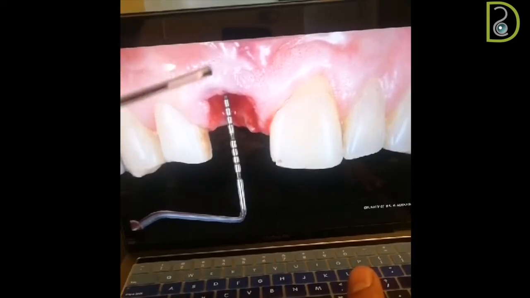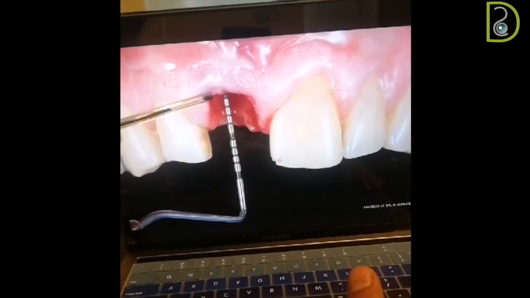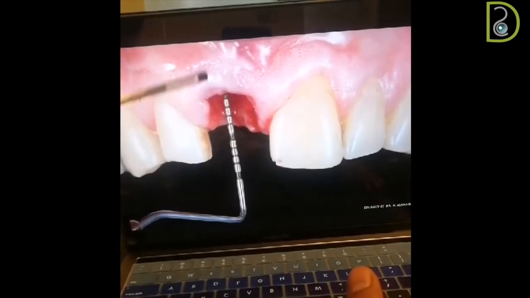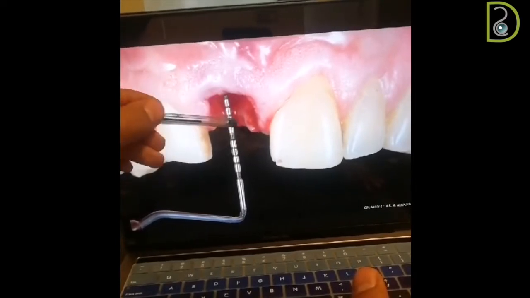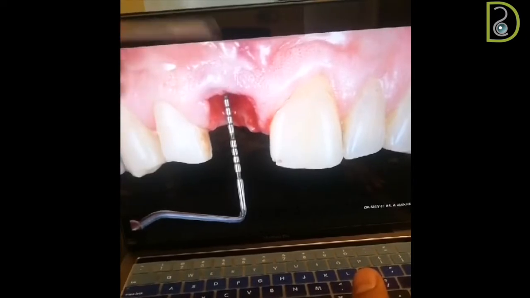That's why we need to do this measurement, because we will use the gingival margin as a guide to place the immediate implant. For example, if we are placing a 10 millimeter implant here, you will drill based on the gingival margin 15 millimeters, so the implant will be 1 millimeter apical to the buccal crest.